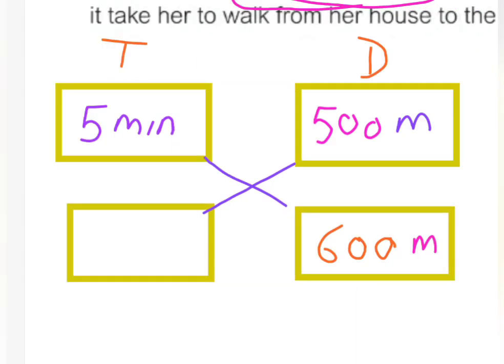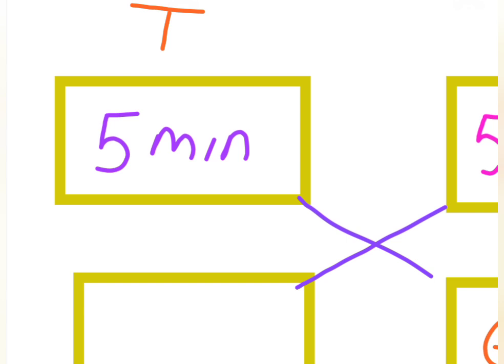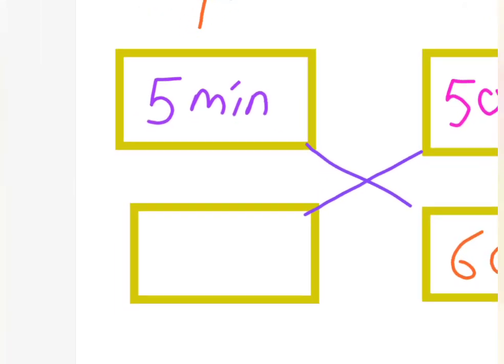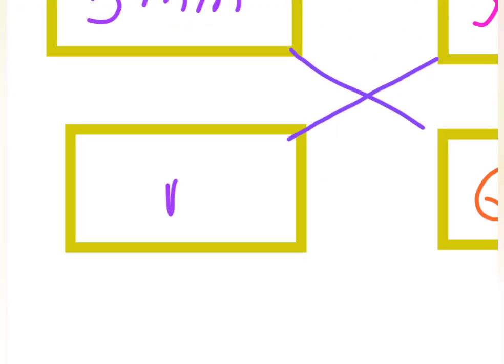Now, I want to know how many minutes it will take her to go the other distance. Now, I need the minutes here. Yeah, minutes. I'll put it like this.